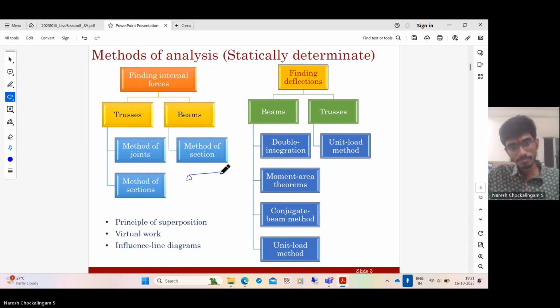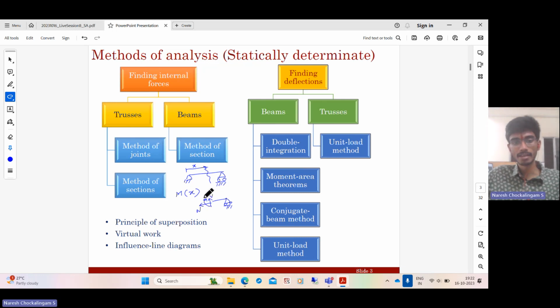For a beam, determining the bending moment as a function of x, we take a section at an arbitrary coordinate x and consider the equilibrium of forces and moments of one of the two parts. So the section will expose a bending moment, a shear force, and an axial force.